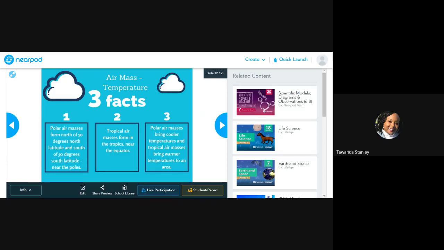And then the tropical air masses form in the tropics near the equator, and that area is warm. The third fact says polar air masses bring cool temperatures and tropical air masses bring warm temperatures to the area. So again, polar air masses, cool temperatures; tropical air masses, warmer temperatures.